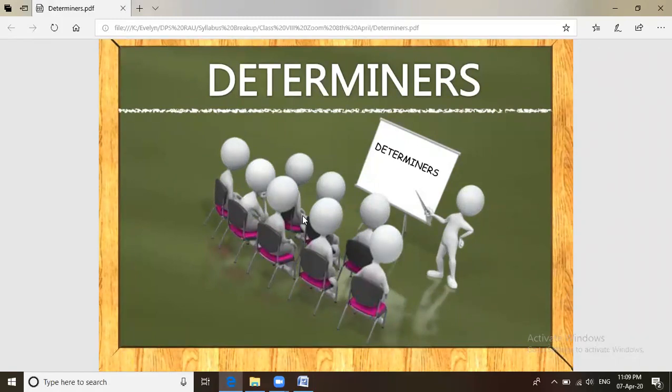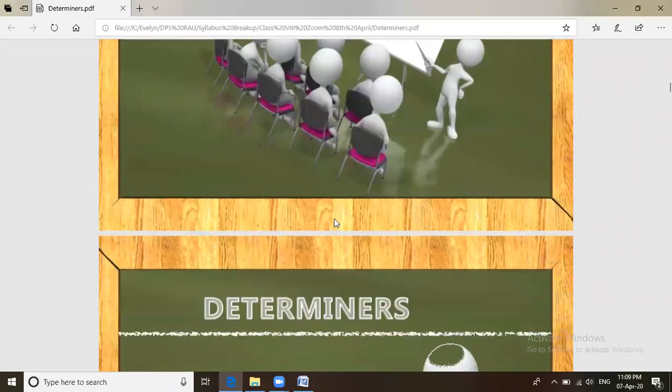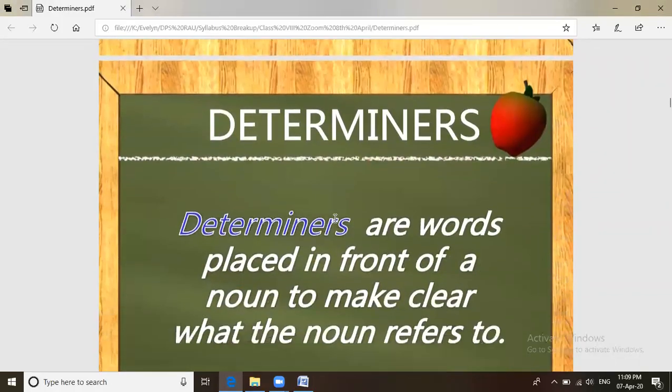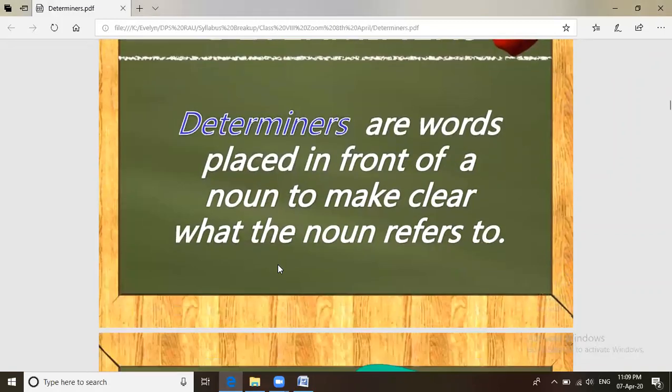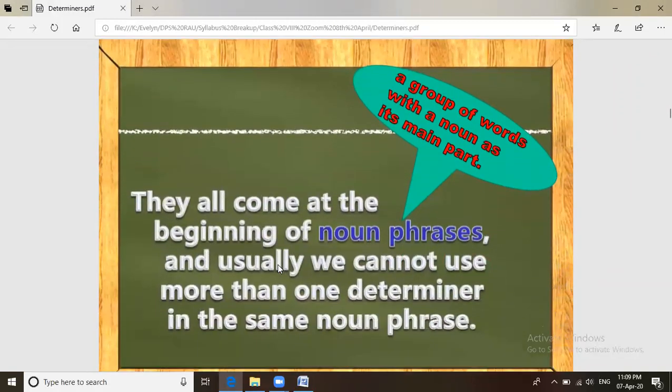It would be grammatically incorrect. So this is the importance of a determiner in a sentence. So this we already know. Determiners are words which you put before the nouns, to clarify the meaning further.